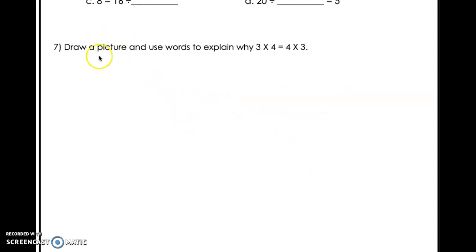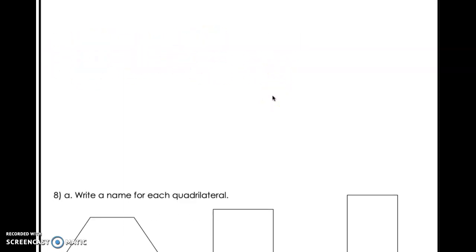That would show you a picture. Or you could say 3 times 4 is 12 using words, and 4 times 3 is 12, so 12 is equal to 12. I would draw a picture. That's probably my preference, but you can use words to explain if you want to.